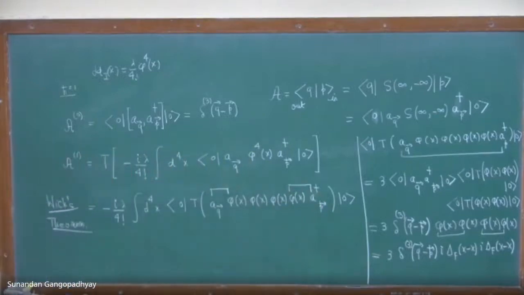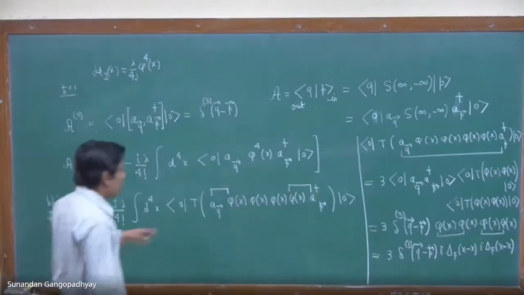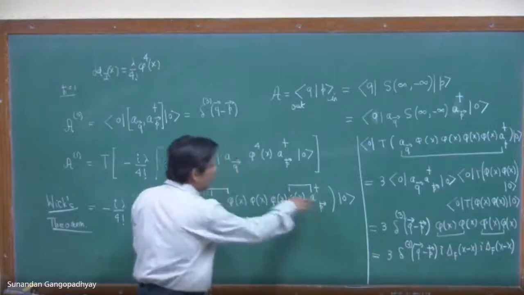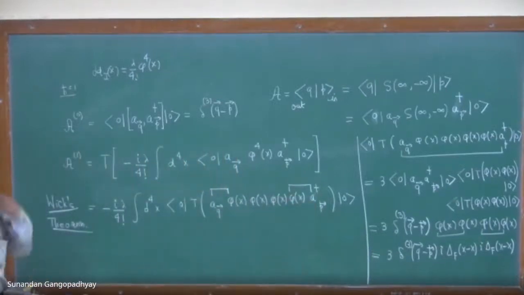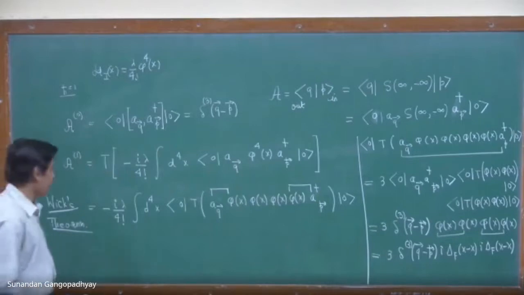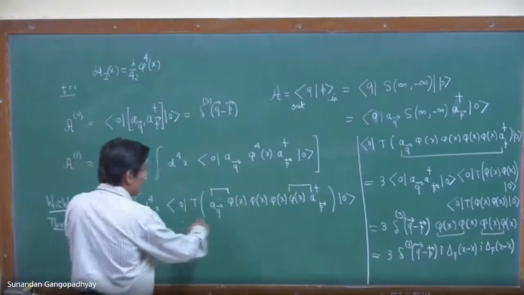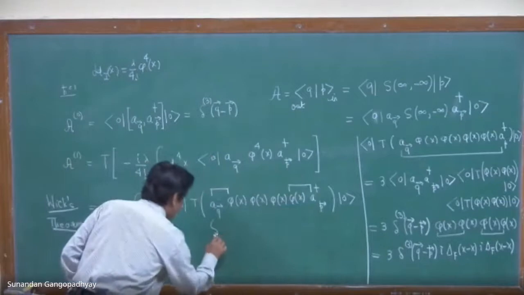So this will be the other kind of term that you get from this Wick's expansion. And you can check for yourself that there are actually 12 ways of doing this contraction. So for this kind of contraction, we will get a factor of 12 in front.